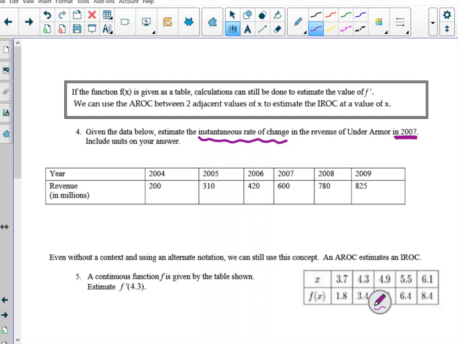tangent line slope by just some movement. If I want an instantaneous rate of change, or at least an estimate for an instantaneous rate of change, I can use an average rate of change close to, and in this case, I'm going to say close to 2007.